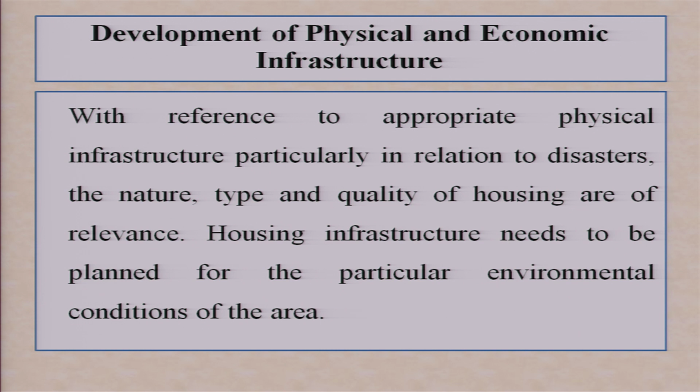This is the more important. With reference to physical infrastructure, particularly in relation to disaster, the nature, type, and quality of housing are areas of relevance. Housing infrastructure needs to be planned for the particular environment of the area.